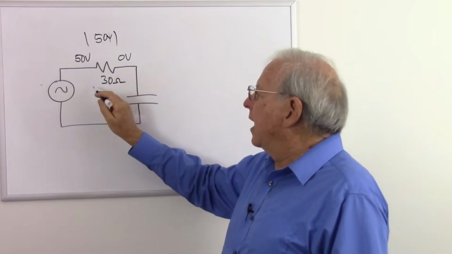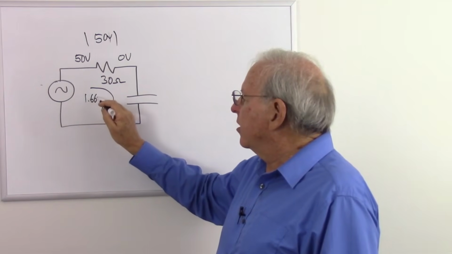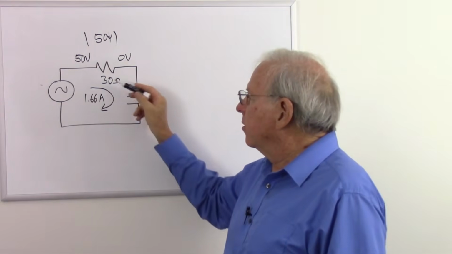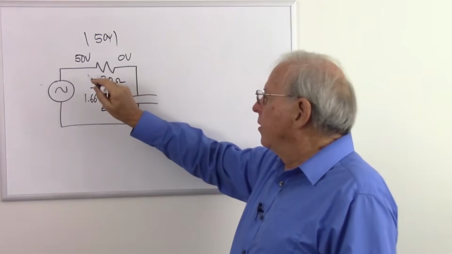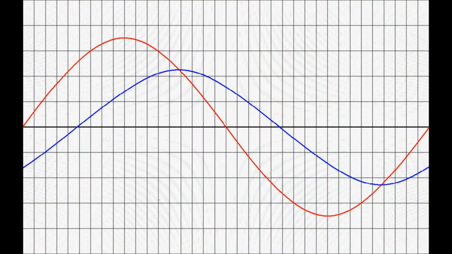So we are going to get a current of 1.66 amps at that moment in time through the whole circuit, through the resistor, and therefore through the whole circuit. And this current is flowing through the resistor from left to right. We'll use a different graduation of our scale for current, otherwise it will be hardly visible. Let's make it 1 amp per vertical division. Now let's put a dot right here at 1.66 amps to represent the current at this point in time.